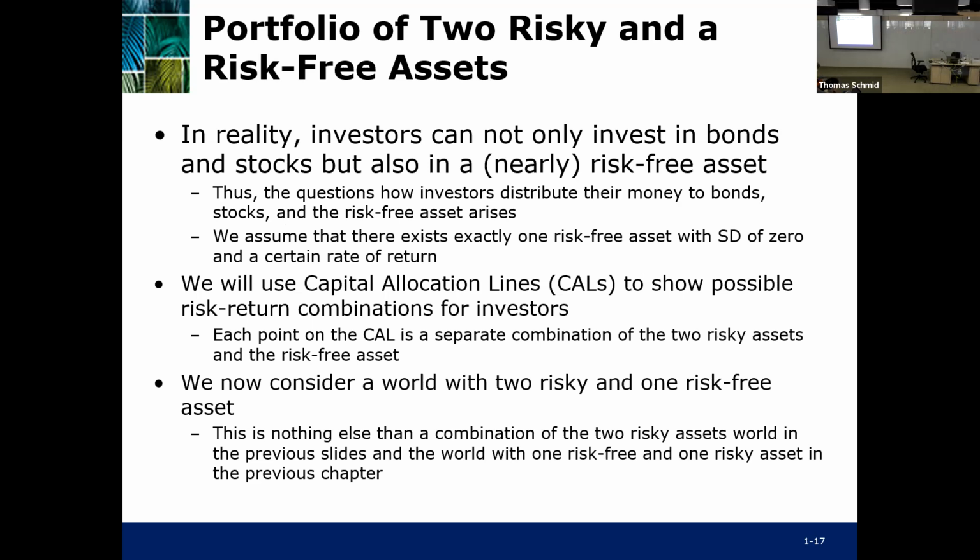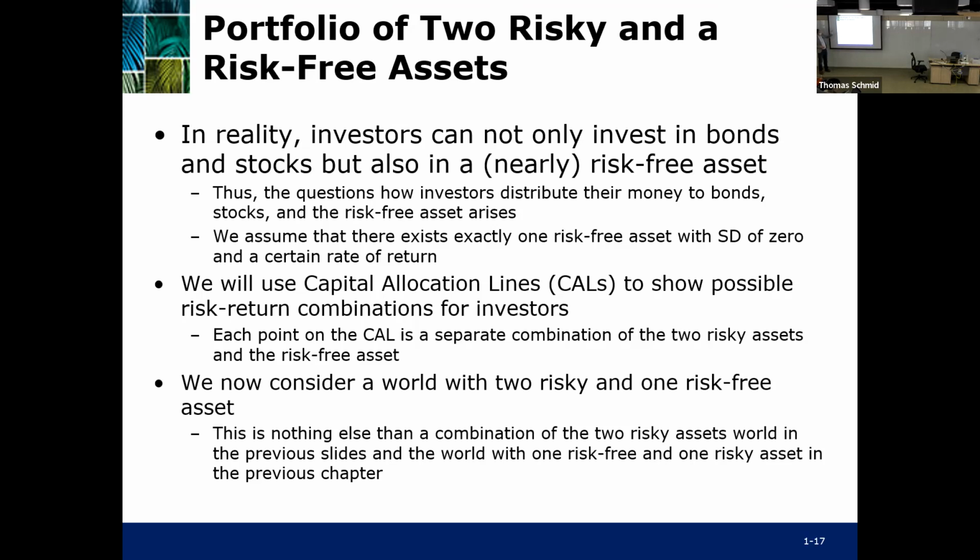So we combine the first world, risk-free plus risky, and the second world, two risky assets. So our third world will be a combination of world 1 and world 2. So we have a world with two risky assets and one risk-free asset.